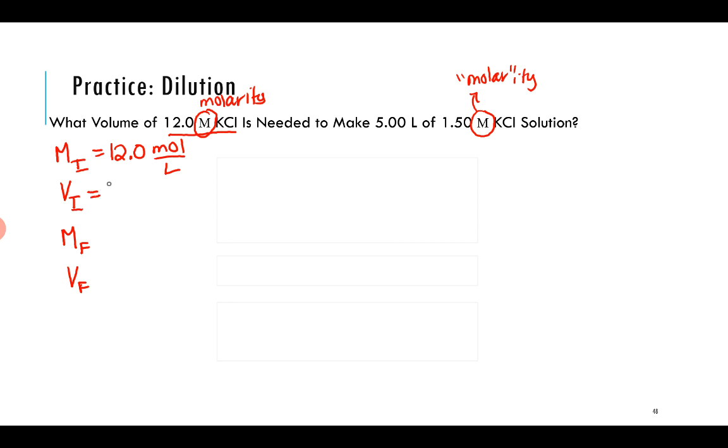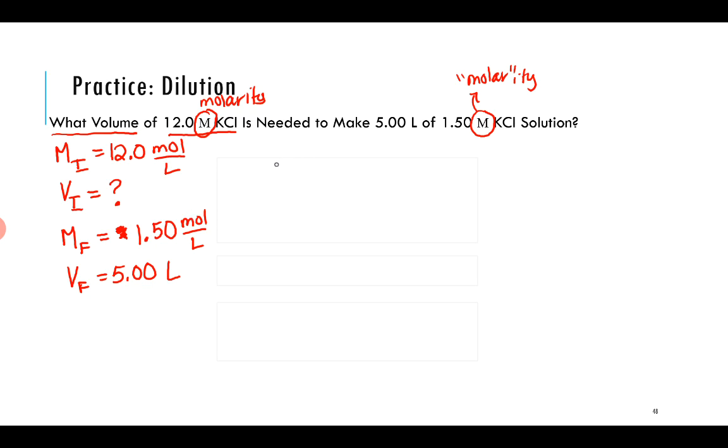My initial volume I do not know, because that's what it's asking me for. Needed to make 5 liters is the final volume. Look at the unit, that's liters as a volume unit. And so my final molarity is 1.50 moles per liter.